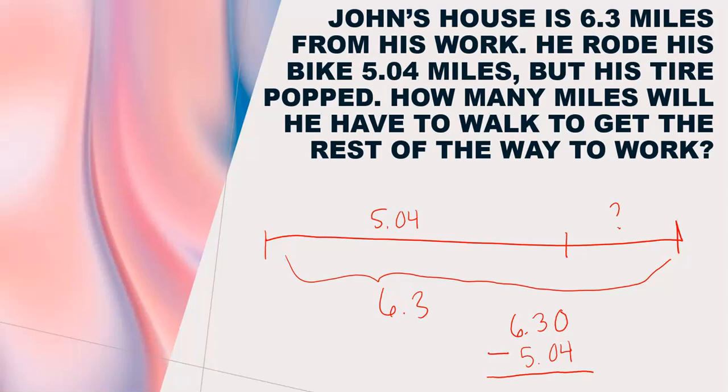We have 0 minus 4, we can't do. We need to borrow. So now we have 10 minus 4. We have 6. 2 minus 0 is 2. Bring that decimal point down. And we have 6 minus 5. We have 1. There is 1.26 miles left that he will need to walk.